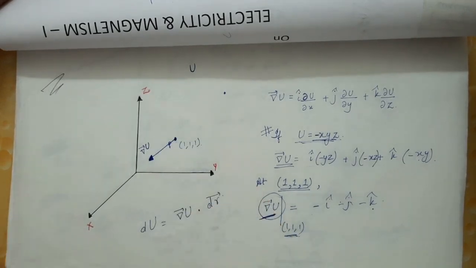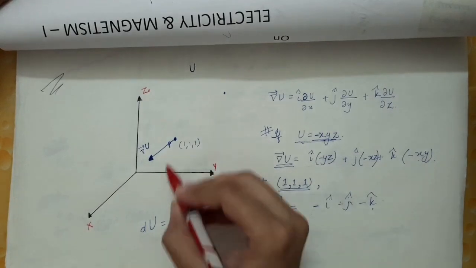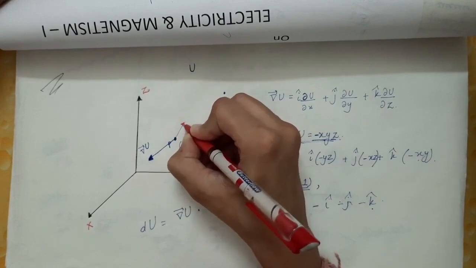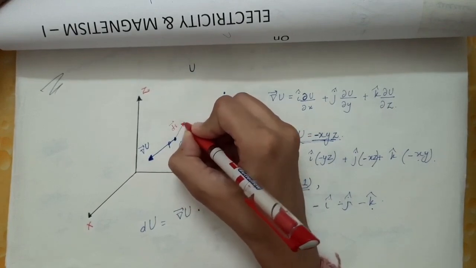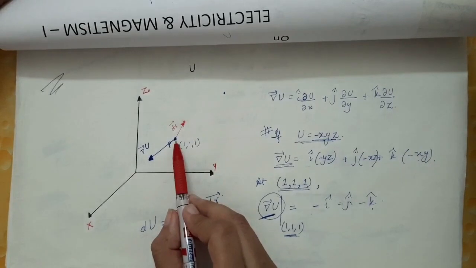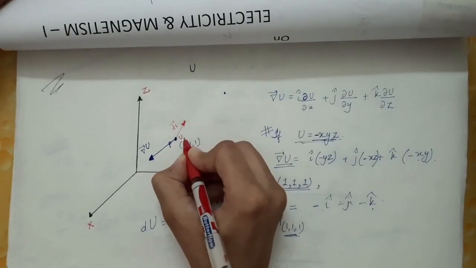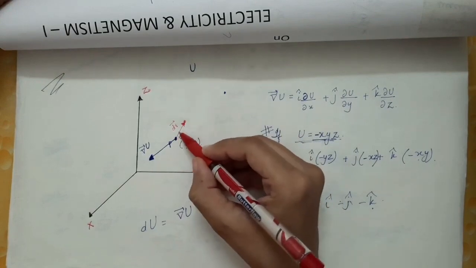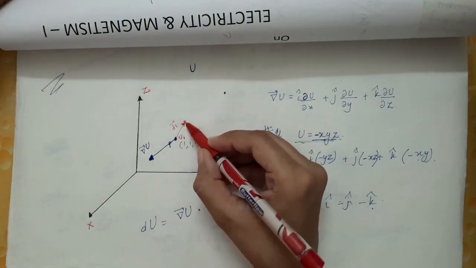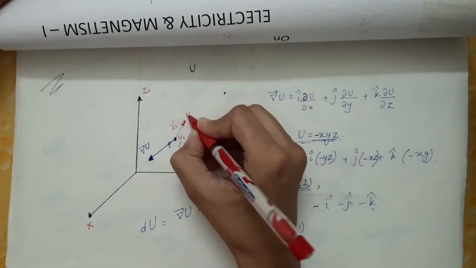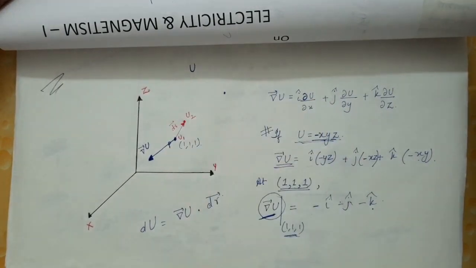So from this point, if you move a small distance, let's say you move in this direction. So this is the displacement vector, dr vector, and let's say at this point the value of the scalar function is u1, and when you move along this direction, at this final point the value of u comes out to be u2.